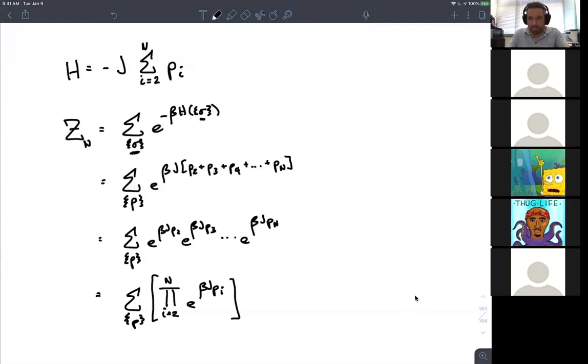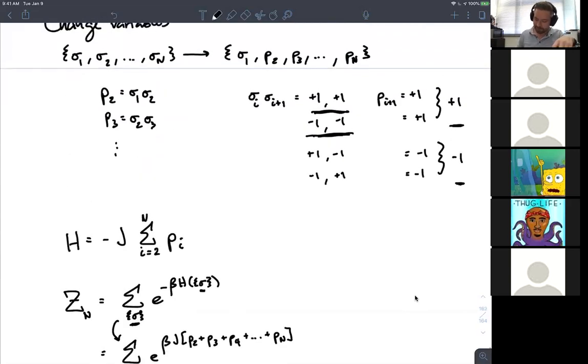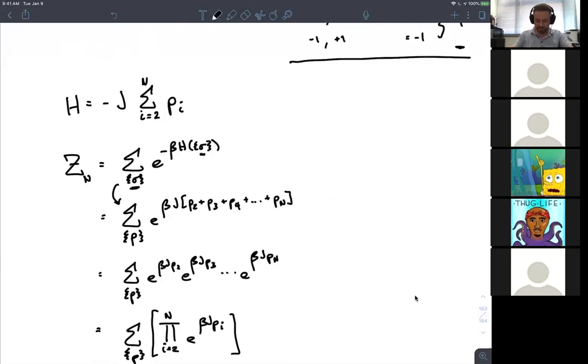All right, but I've missed something. What have I missed? Going from summing over spin states to p variables, we've missed this thing. Because there are two spin configurations that correspond to each possible value of p, that means that when we switch our variables from sigma to p in this sum, when we were summing over spins, we had a certain number of terms.